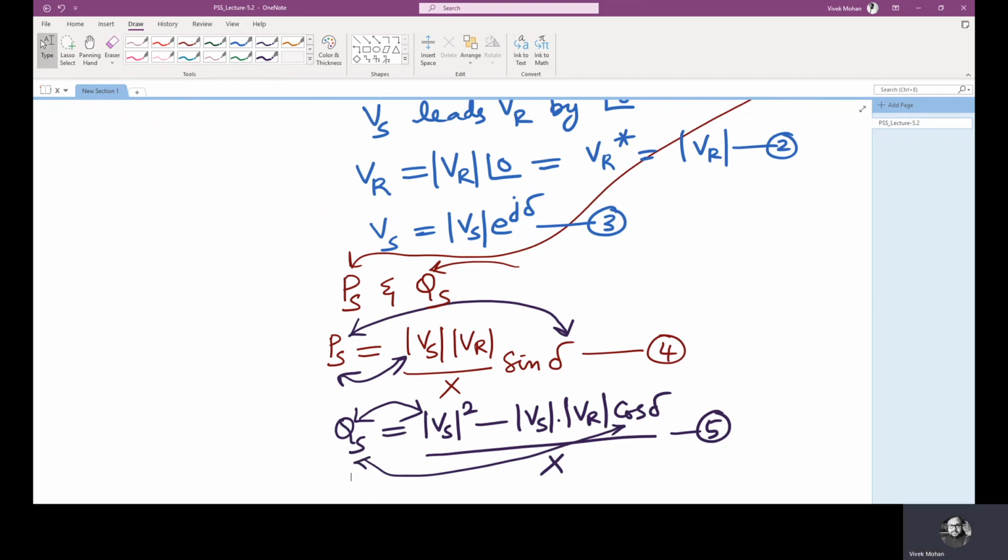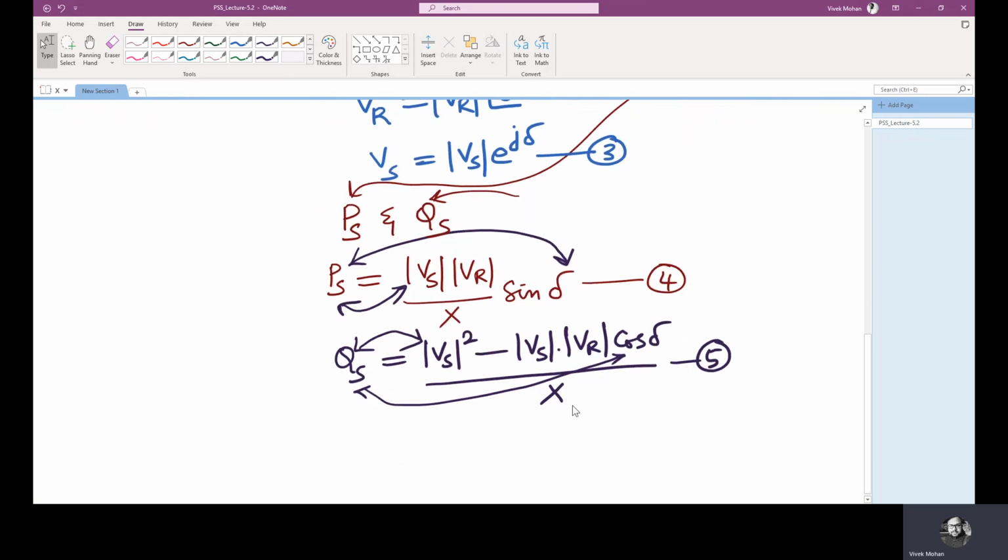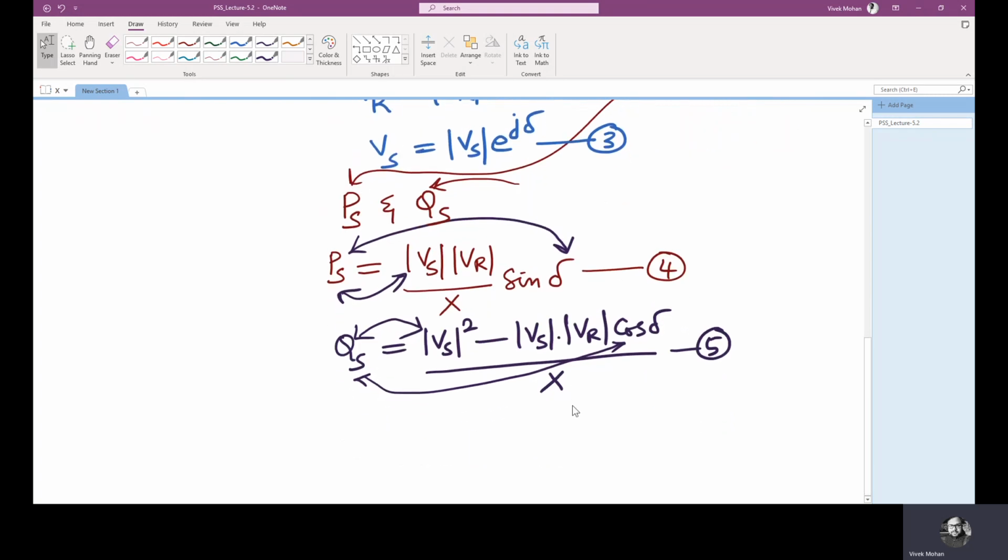Now, similar to equations 4 and 5, that is, the sending end active and reactive powers, we can find the receiving end active and reactive powers also. The receiving end complex power SR equals PR plus jQR, which is equal to VR into I conjugate.